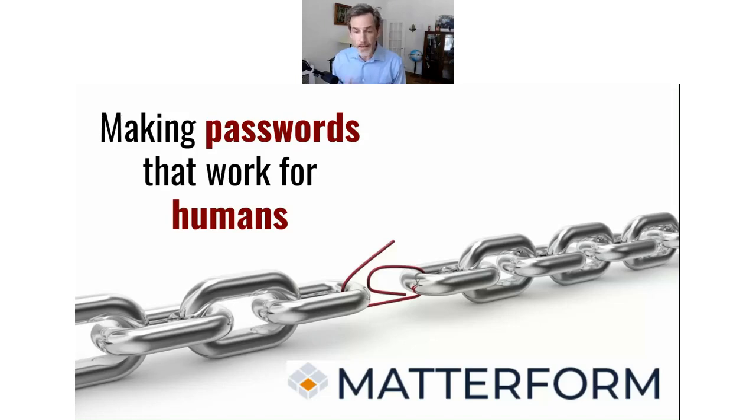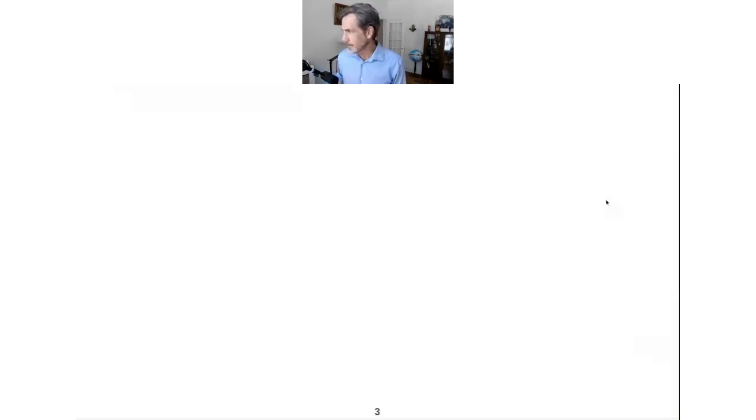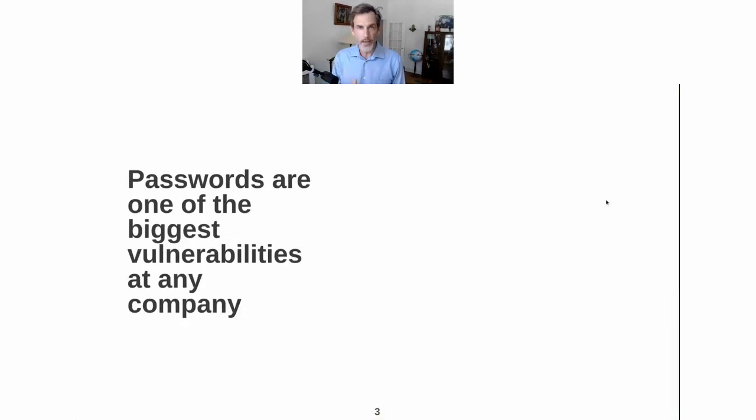Let's dive in and talk about how to make passwords that work for human beings. Passwords, as I think we all know, are one of the biggest vulnerabilities at every company. They are the weak link in many of our security systems.